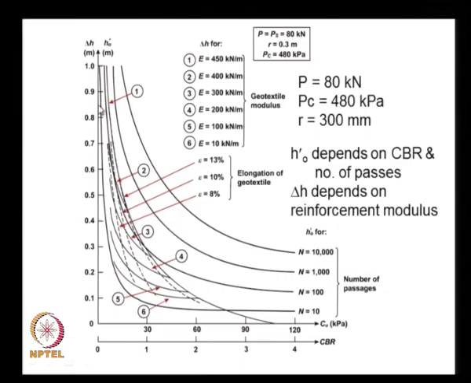The other quantity is delta H, that is the possible reduction in the thickness of the pavement because of the placement of a geosynthetic layer, and the solutions are given for different secant modulus values, E of 10 kilonewtons per meter, 100, 200, 300, 400, 450. So we can directly read off the CBR value against this modulus. We have totally 6 graphs, and we can directly read off this delta H.